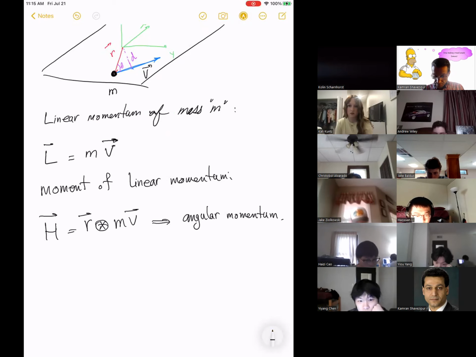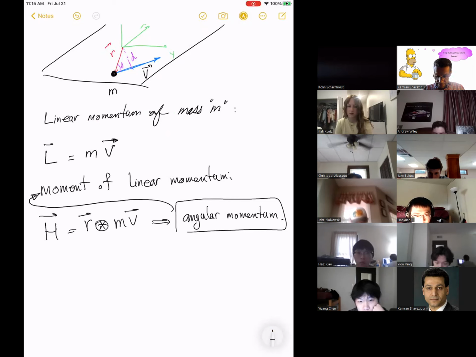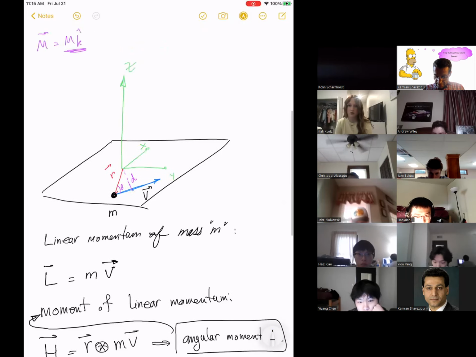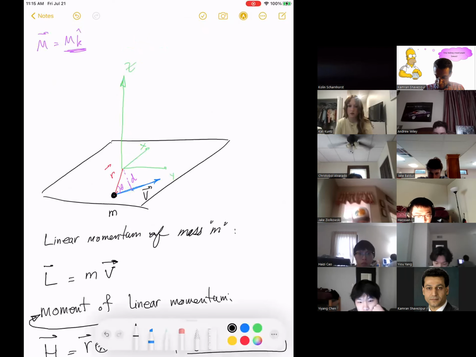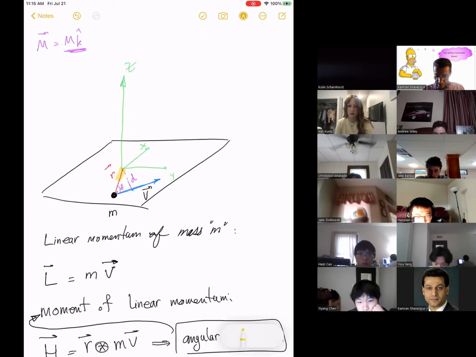So the angular momentum is defined as the moment of linear momentum and is obtained using this. Again, H is a vector. But in plane motion, r is inside the plane of motion and mv is inside the plane of motion.